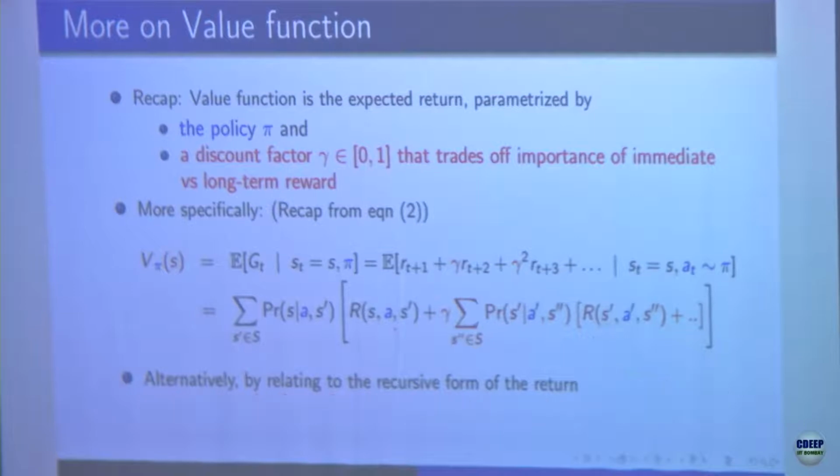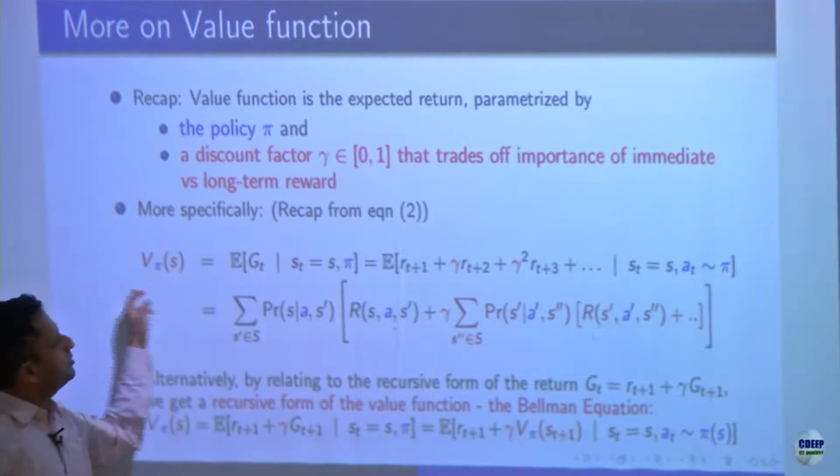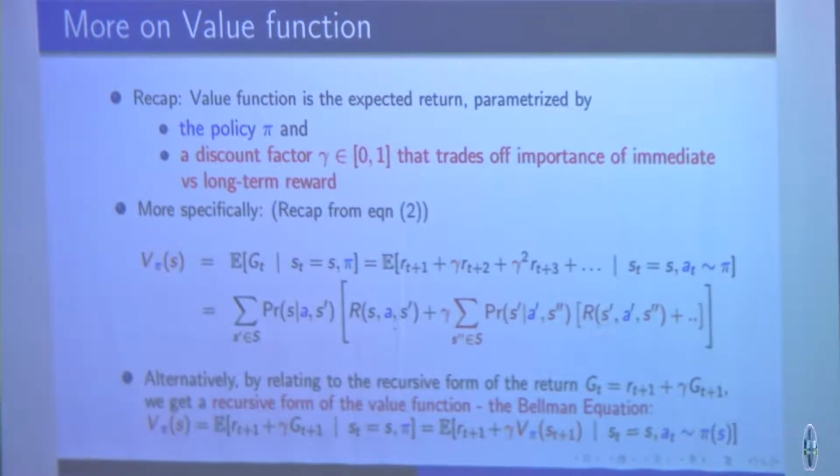And what we are exploiting is the Bellman equation, where we have this recursive structure, where V pi s is computed again in terms of V pi s. This is the equation that we are exploiting. V pi s is the expected value of the reward at the next step t plus 1 plus gamma times V pi from state S_t plus 1.